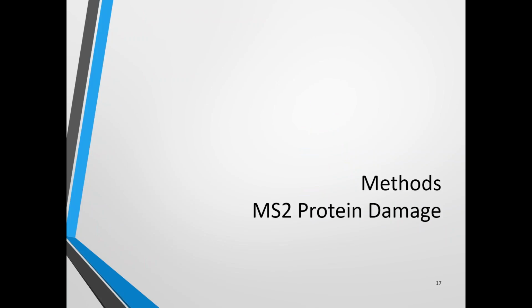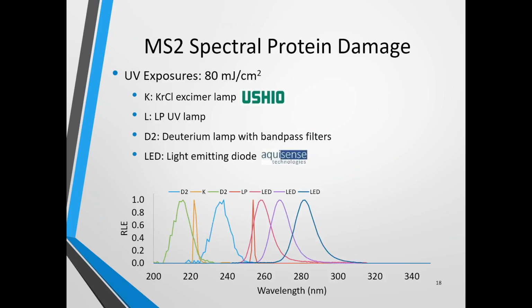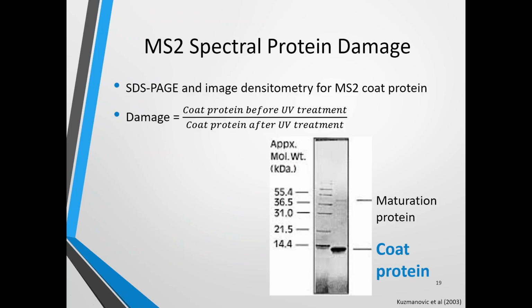To understand why this might be happening, I looked at the MS2 protein damage across the UV spectrum. I exposed MS2 to a single dose of UV. I used the excimer lamp again, the low pressure lamp again, and I also targeted other wavelengths using a filtered deuterium lamp and LEDs supplied by Aquasense, and you can see their relative emissions in the bottom plot.